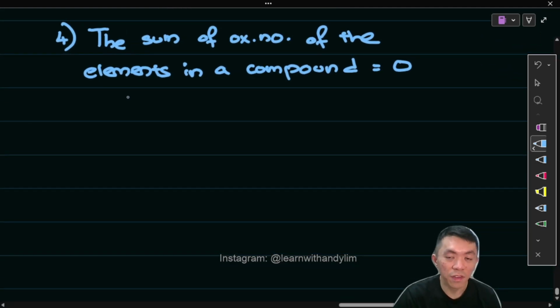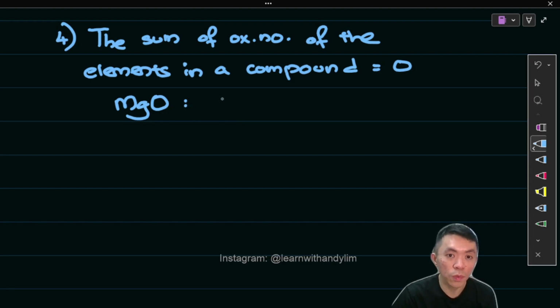Let's say I have a compound, magnesium oxide. We know magnesium is located in group 2. Therefore, magnesium must have an oxidation number of +2. Let's say I want to find the oxidation number of oxygen.